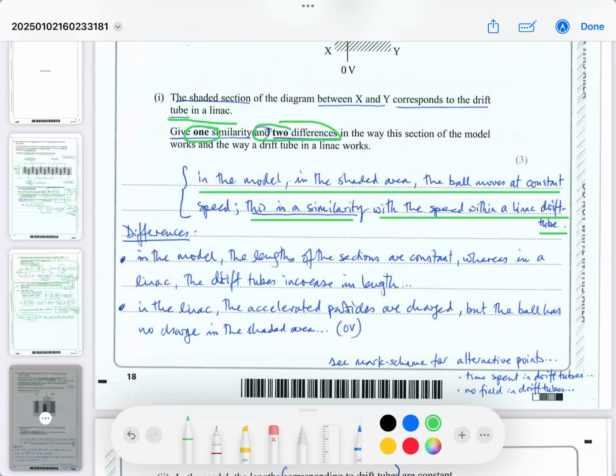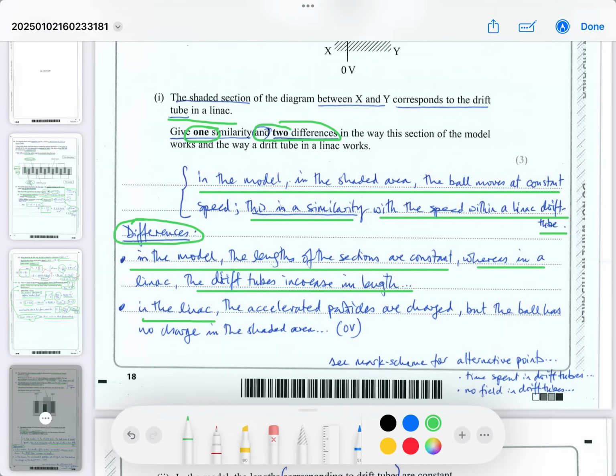So that's the only similarity. And then what are the differences? The differences are, in the model, the lengths of the sections are constant, whereas in the LINAC, the drift tubes increase in length.